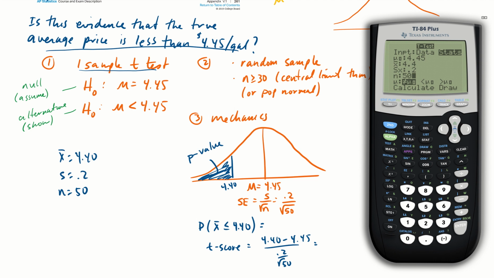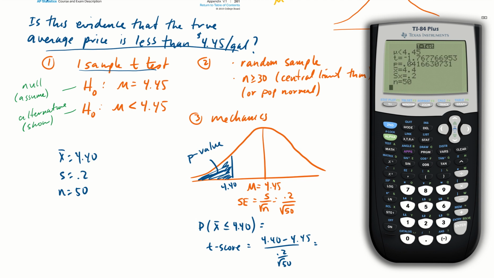And now this bottom one, I'm doing less than 445, so I need to move my cursor to the less than. The mu0 is 445, so this says less than 445, right? This next one would be greater than, but I want less than. Calculate.